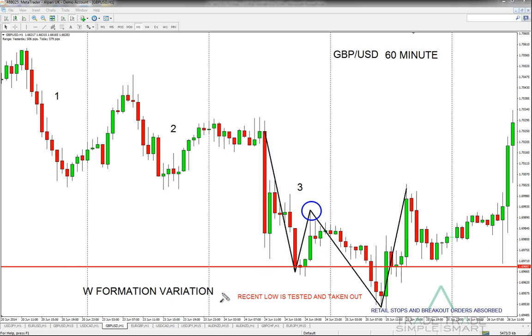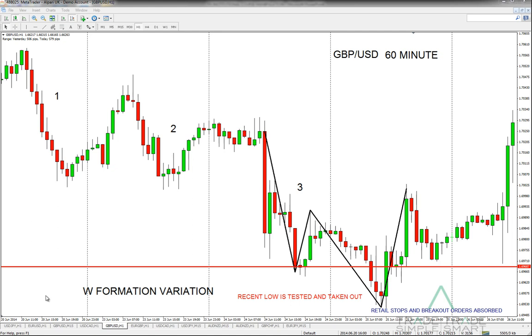So as the stop losses of these buyers begin to build up below the most recently set low, smart money will see the build up of these retail orders and will be incentivized to release the trap short sellers, push prices down, and hit the stops of the buy orders, and then ultimately move the market to the upside.